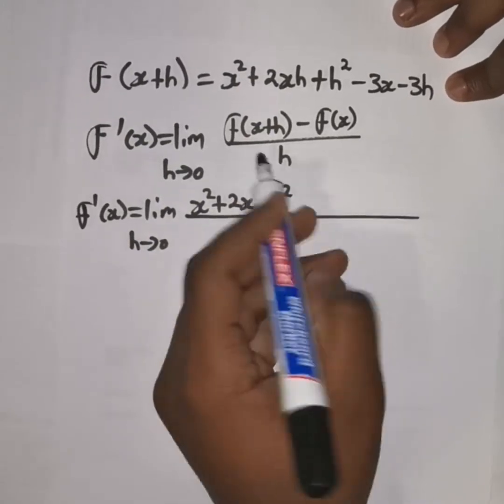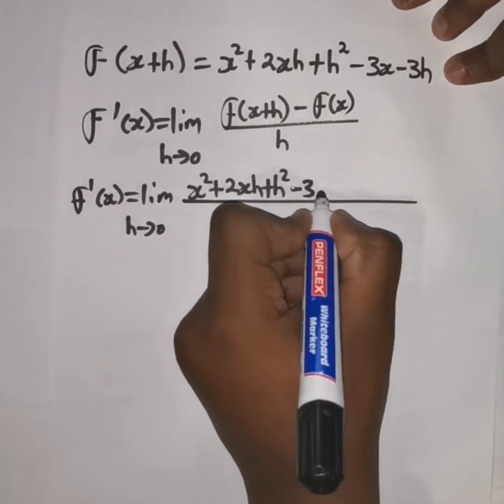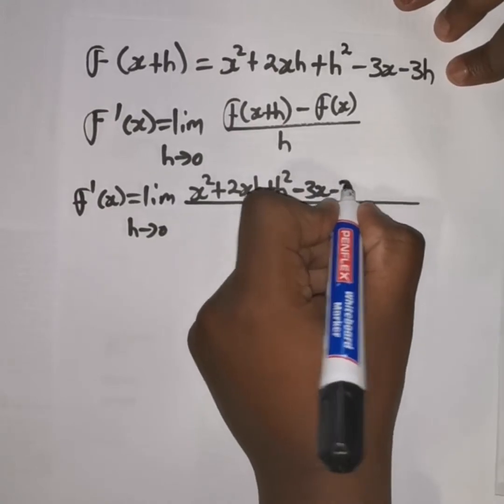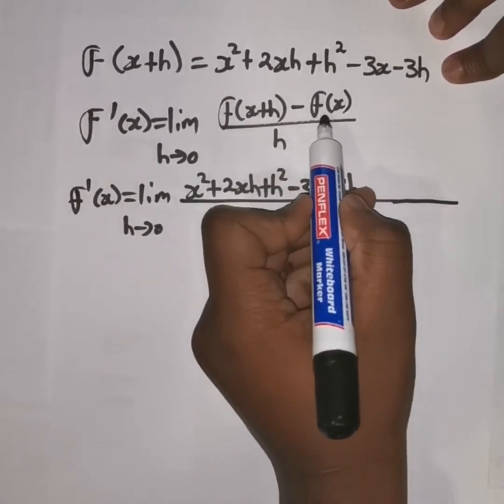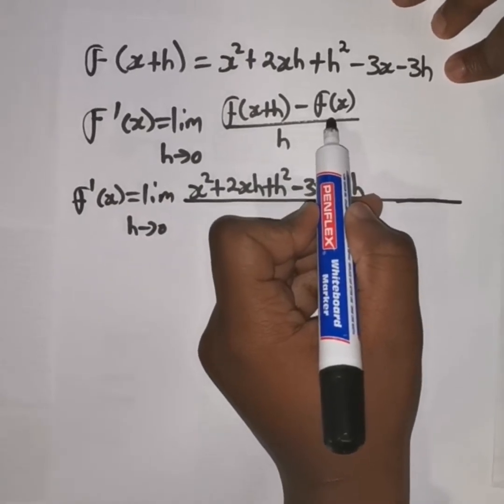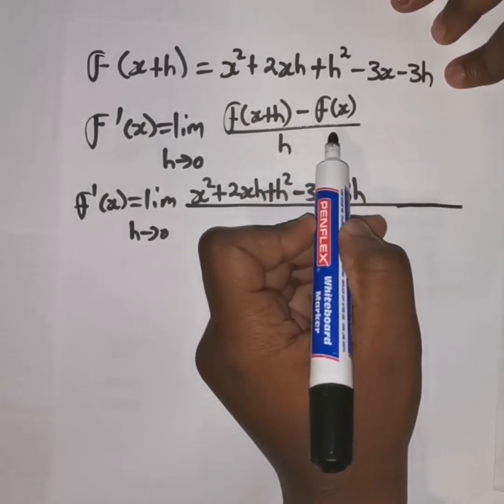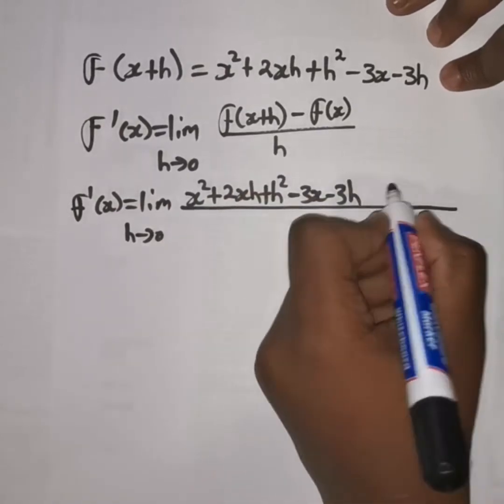This is f(x plus h). Then we also had f(x), which was our given function. f(x) was equal to x to the power of 2 minus 3x.